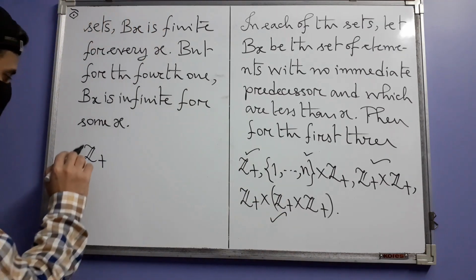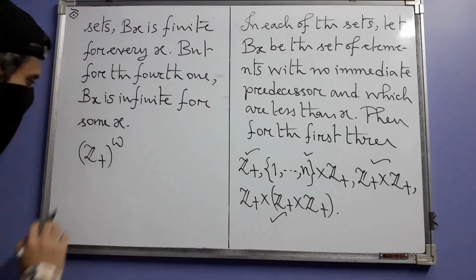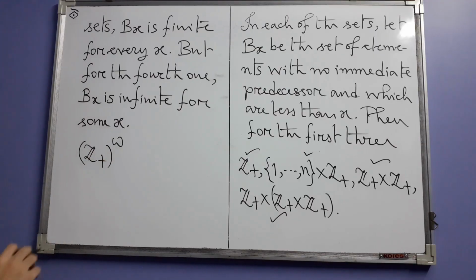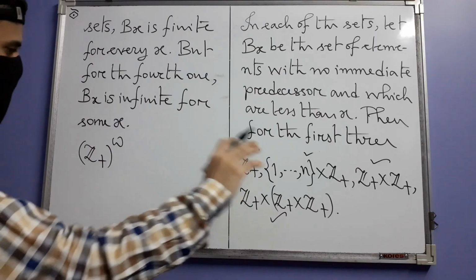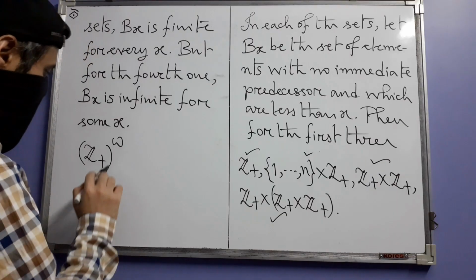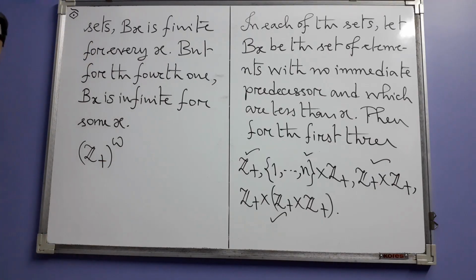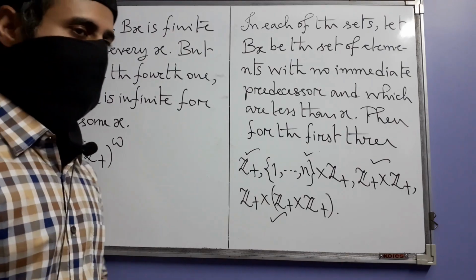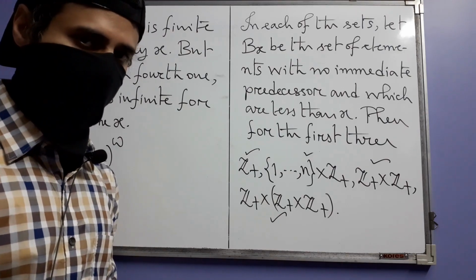So what happens if we take this, the Cartesian product of infinitely many copies of Z plus? Its elements become infinite sequences of positive integers.